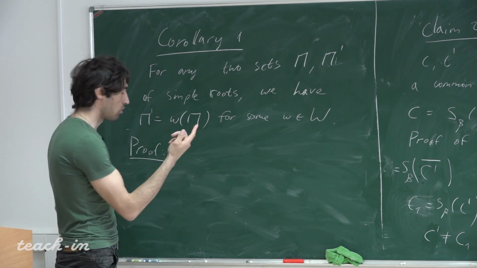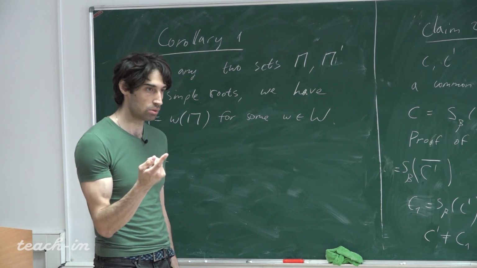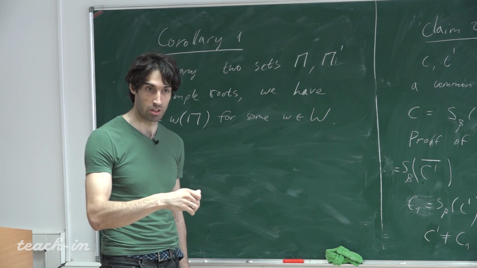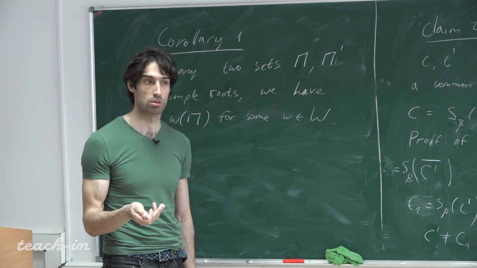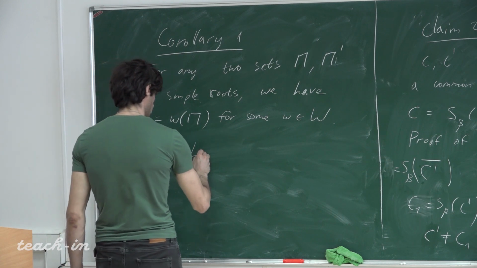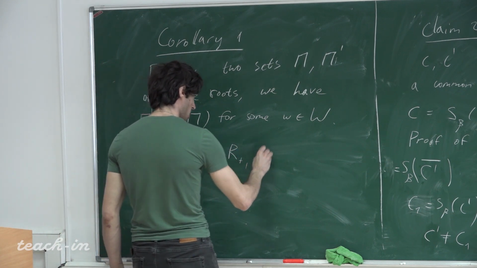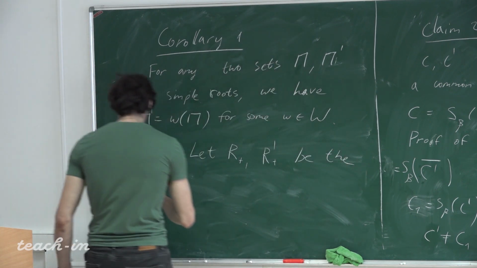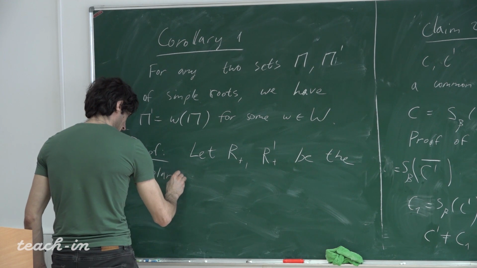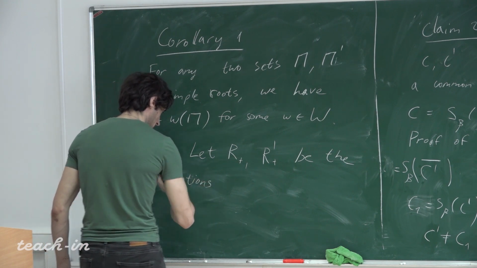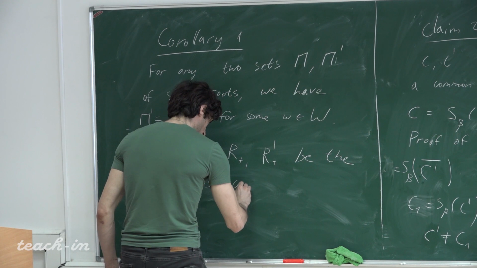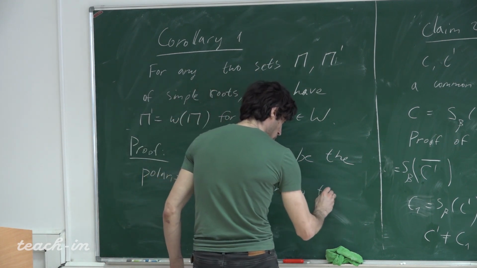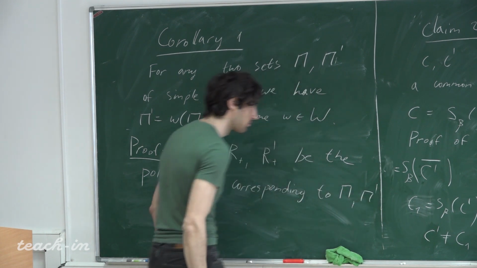Okay, so choice of simple roots is the same as choice of polarization, right? So once we choose polarization, you have already simple roots, right? So let R plus and R plus prime be the polarizations corresponding to pi and pi prime, respectively.